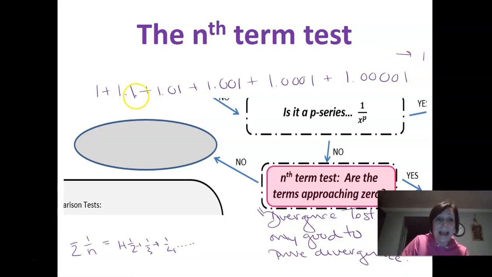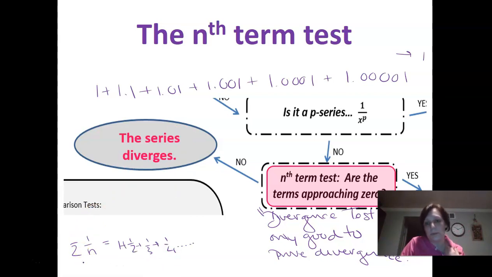Well, when you start adding all these terms up, that's going to go to infinity. You're not adding tiny numbers, you're adding very finite numbers. And so when you add an infinite number of them, it's going to go to infinity. So if you see a series like this, it's not a p-series, it's not a geometric series, we can knock that out with the nth term test. The terms are not approaching 0, so we would say it diverges by the nth term test.